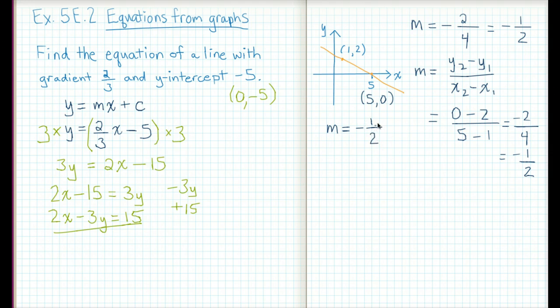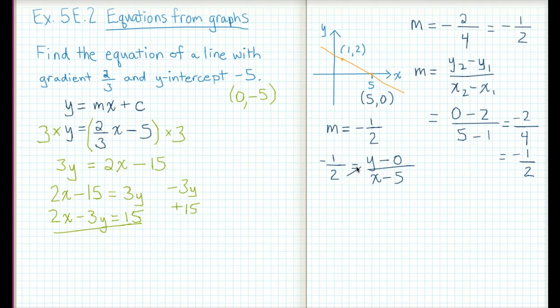Now I need a point. I can pick either point, but let's pick this one because it's got a 0 in it, so it's going to be a little bit easier to work with. So I get -1/2 using the gradient formula equals y. Remember, my y2 switches to a y, and I'm going to use one of the points. In this case, the y coordinate is 0. And on the bottom I get x minus 5. That just simplifies to y.